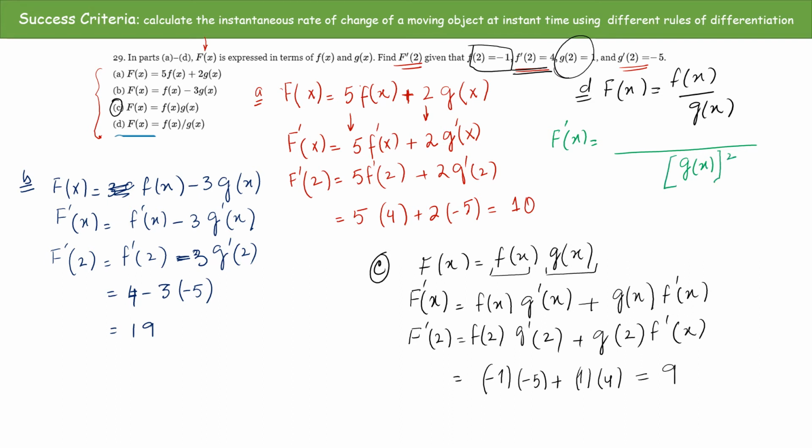Then in the numerator, we always start with g of x as it is, take the derivative of the upper function which is written in the numerator, then minus f of x and take the derivative of the function written in the denominator.